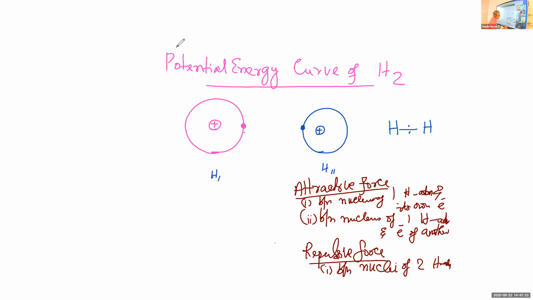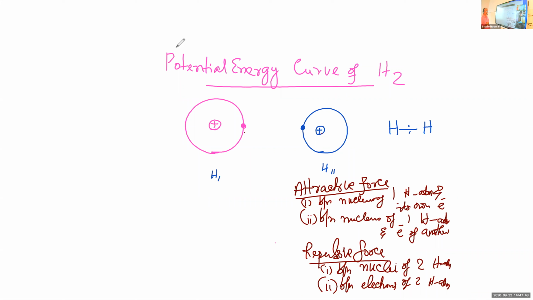The second one is the repulsion between electrons of two hydrogen atoms. Electrons are negatively charged. So here also we have two repulsive forces.